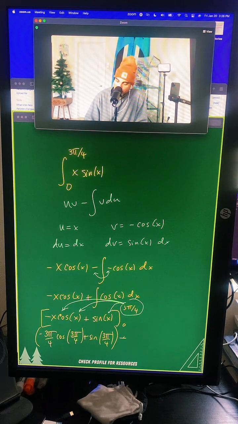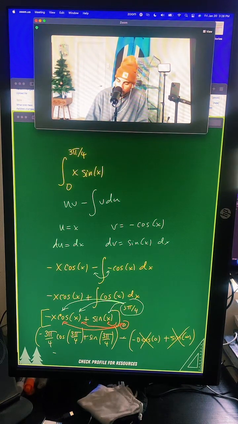And then we still have minus, and then we plug in the zeros into everything. That's just going to be all zeros, but I'm going to show you why. Because we have negative 0 times cosine of 0. That just cancels out. Plus sine of 0. And that just cancels out.